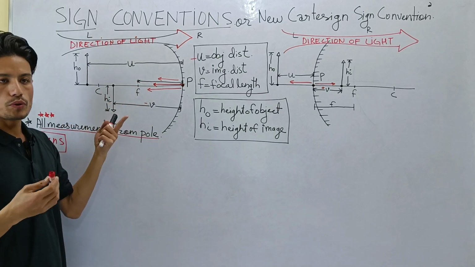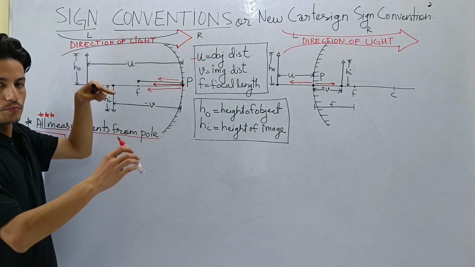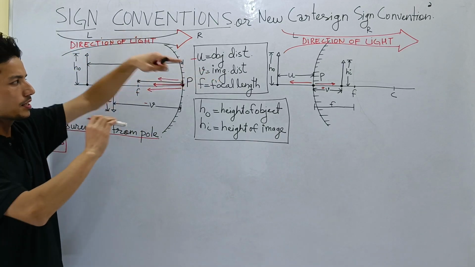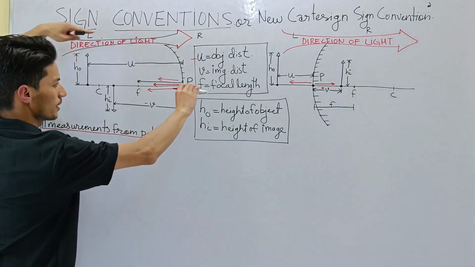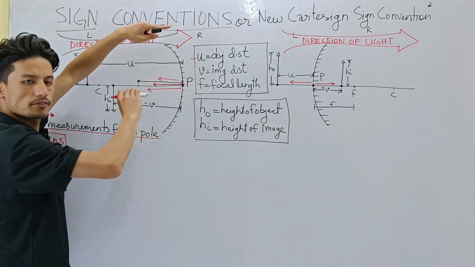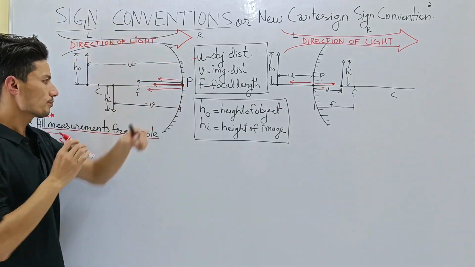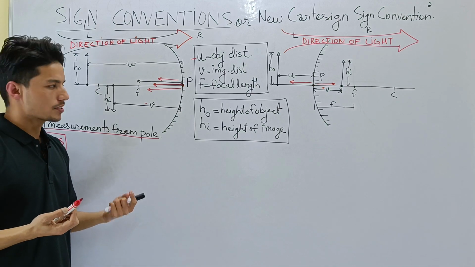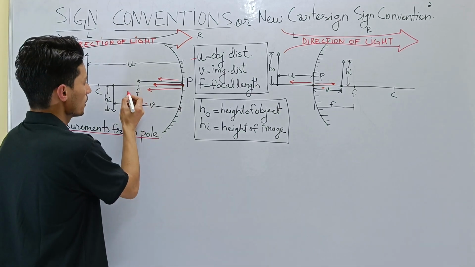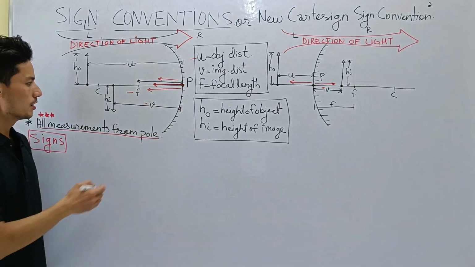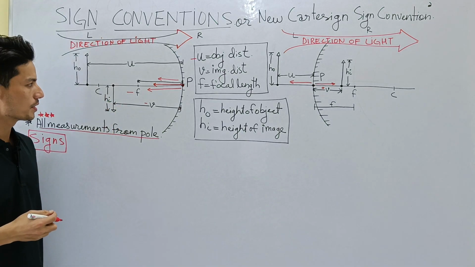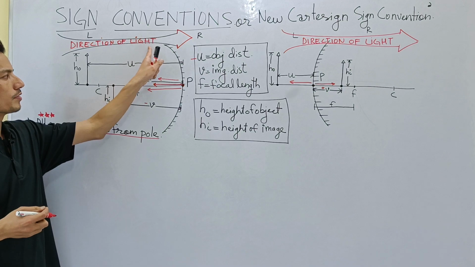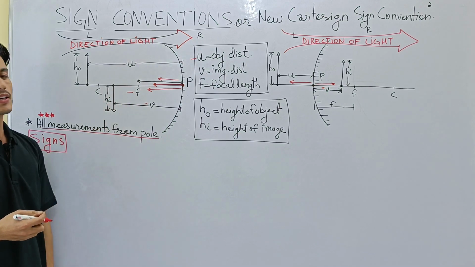I see that my movement direction and the direction of light are opposite. Since it is opposite, what sign will I get? Negative, is it not? So the focus here will be negative, because the direction of my movement with respect to the direction of light is opposite.